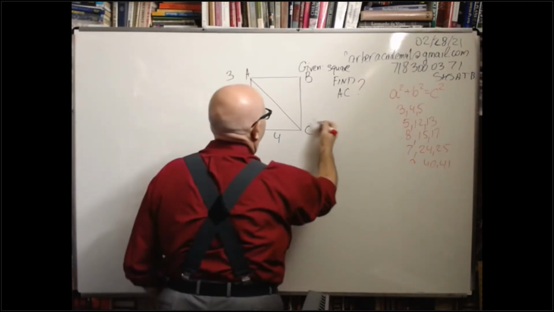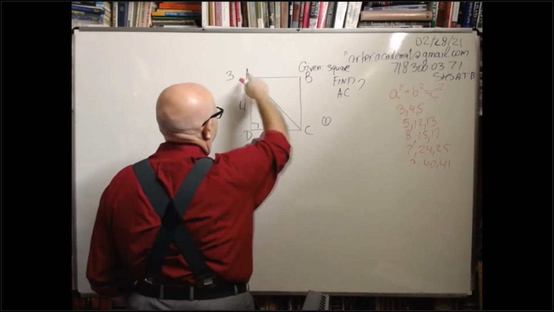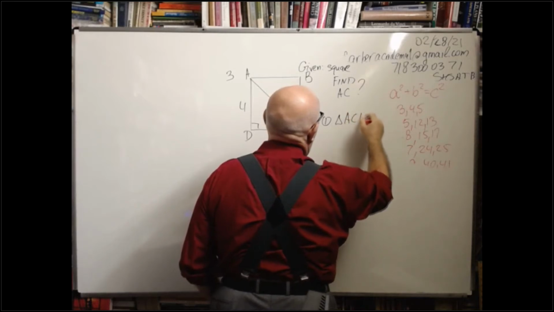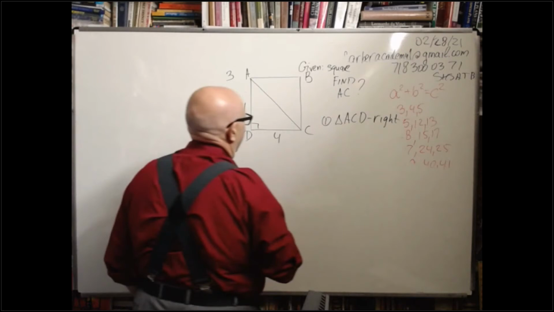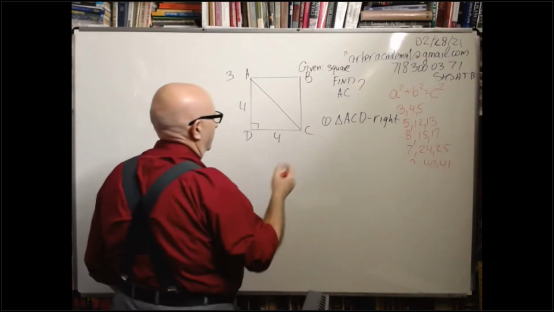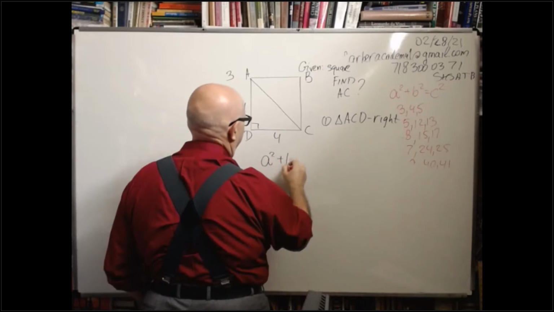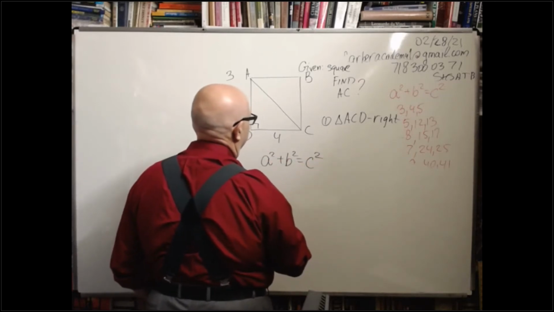Even though this is a square, step number one, you clearly see that ACD is a right triangle. If it's right, you can apply the Pythagorean theorem: a squared plus b squared equals c squared.